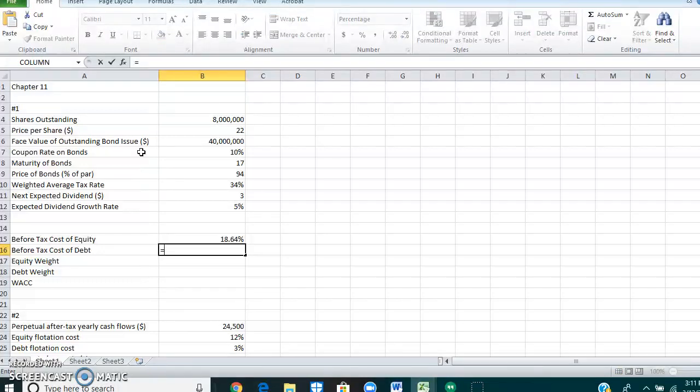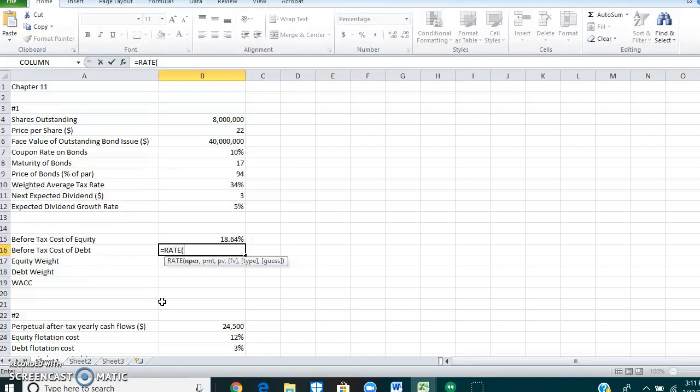So this is what that looks like. Equal sign, rate, parentheses, and you see down here it shows us what it wants. So I don't know why I did A7. I must have hovered over something too long.